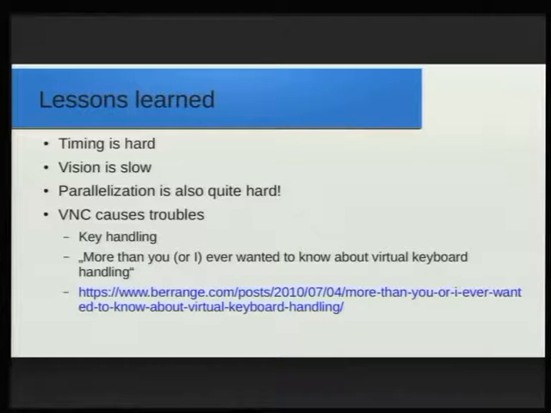And there is another issue, and that is special keys. For example, when you want to send an underscore, that's quite hard. And there I even found a blog from Daniel Berrange, which mentioned this: more than you or I ever wanted to know about virtual keyboard handling, which is quite hard, and I'm glad they already solved this. And they've solved it by adding their own extensions to the RFB protocol, which is used by VNC for passing keys.